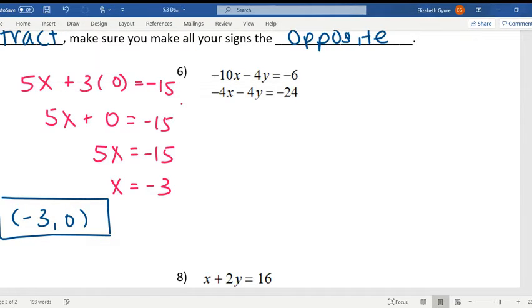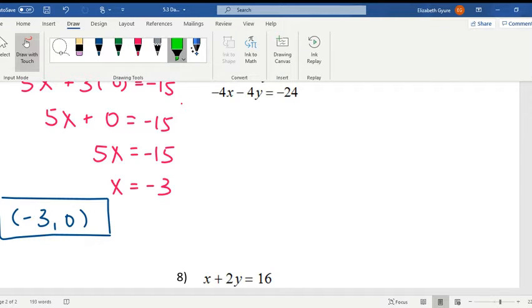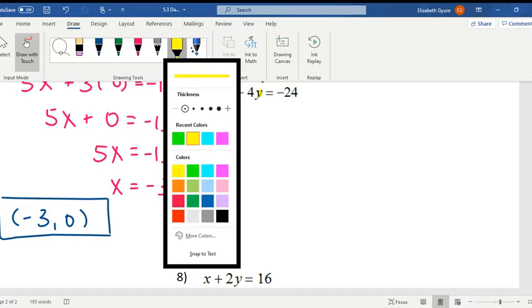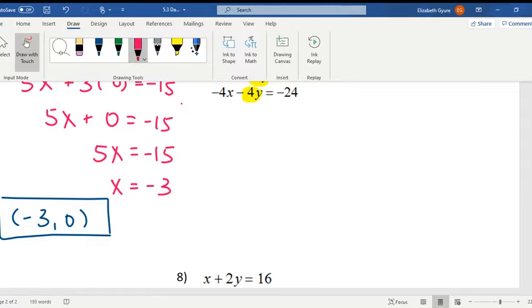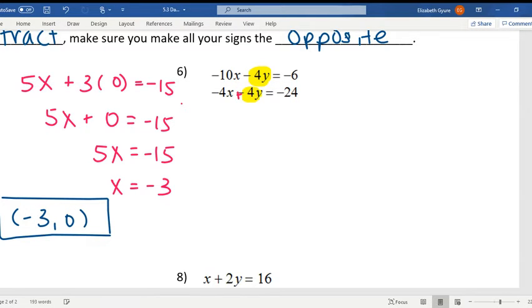So if you want, you can start with the one that you want to make cancel. So we want this -4y to cancel with this -4y. So on the bottom equation, I'm going to make that -4y a +4y. And a -4y will cancel with a +4y.